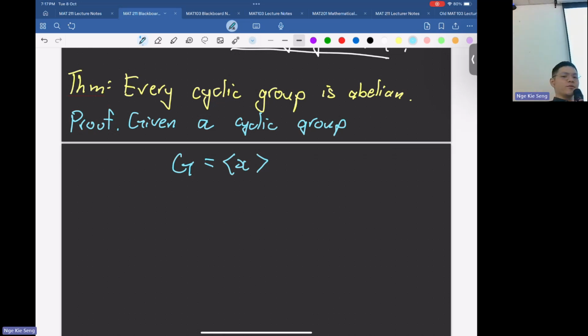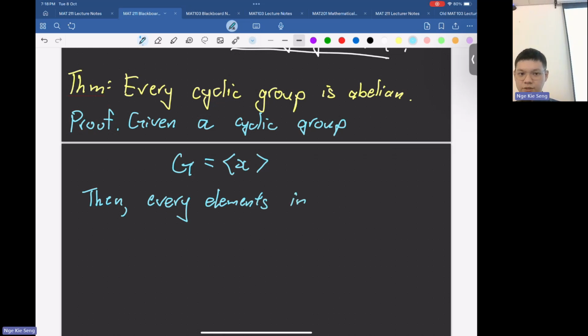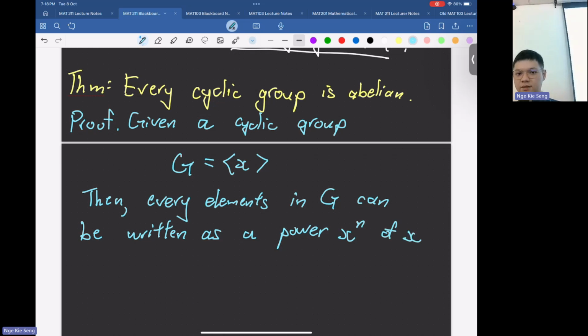If I give you any element m inside this G, how does m look like? Some product of x, x to some integer power. So every element in G can be written as a power, let's say x to the power n, of x.